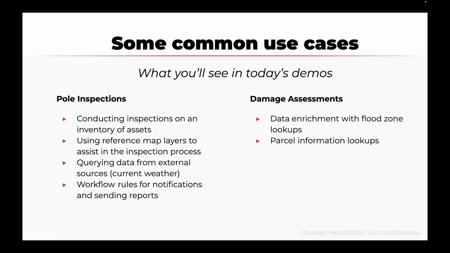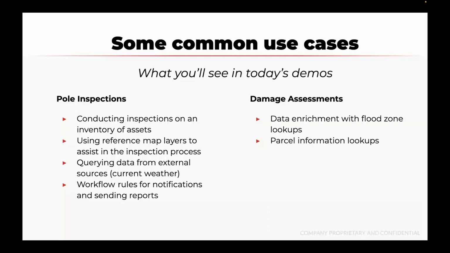And then I've got a damage assessment use case where we can look at some data enrichment examples. So if I'm doing a damage assessment on a residence, like a post-storm event or something, that'll pull from the FEMA database the current flood zone designation for a property.